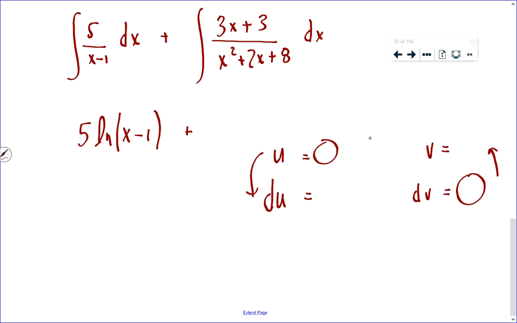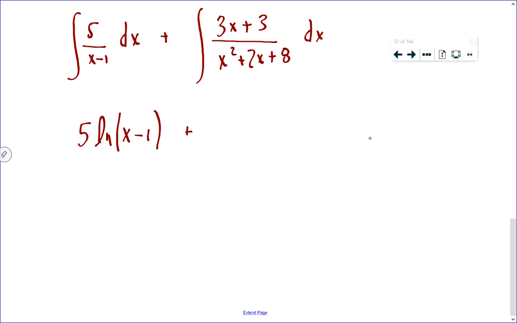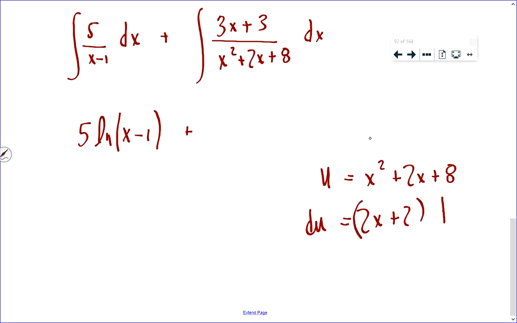Will substitution work? Is there a piece, notice I say piece, is there a piece of this that's an argument of a bigger operation whose derivative contains another piece? Well, yeah, if we choose u as x squared plus 2x plus 8, du is 2x plus 2 dx.